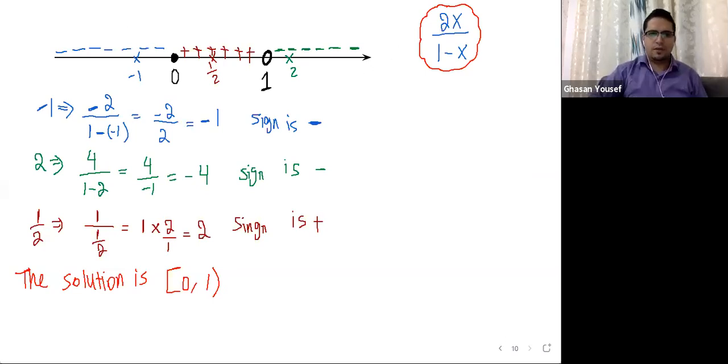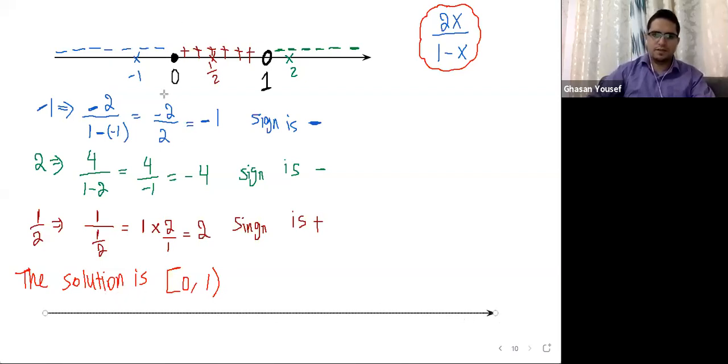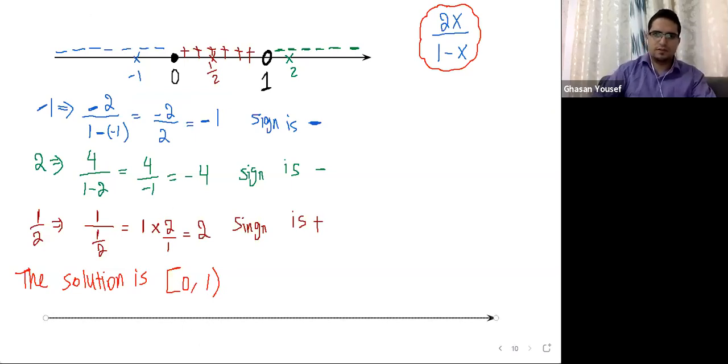And if you would like to graph the solution as a line, like we learned previously, you have to put the two solutions. The first solution is 0, like this. Here is the 0. And the 1 is an open parenthesis. I make it in a different color.